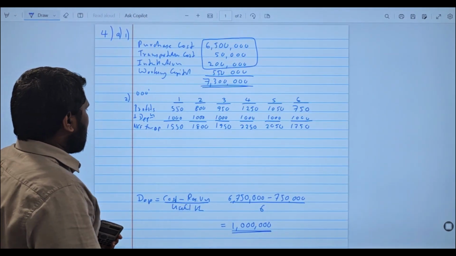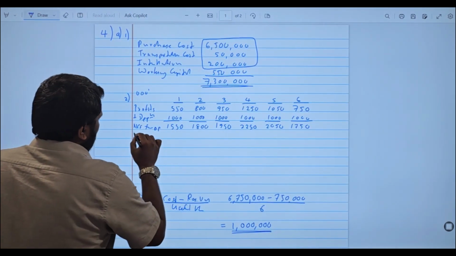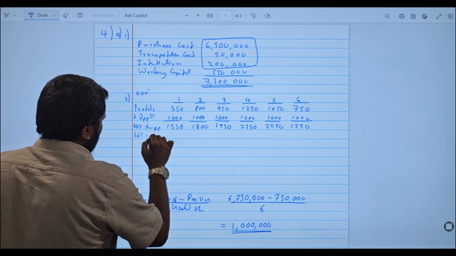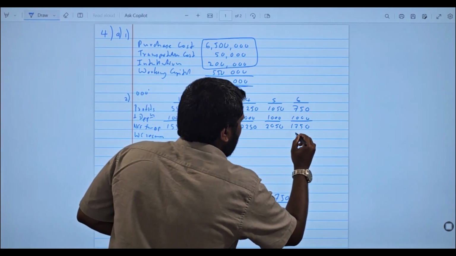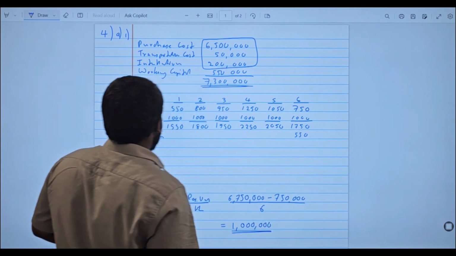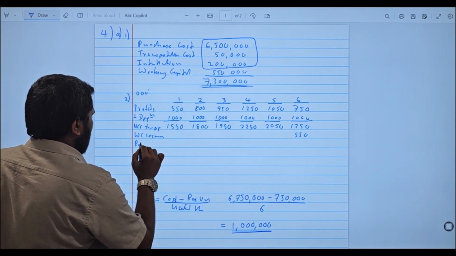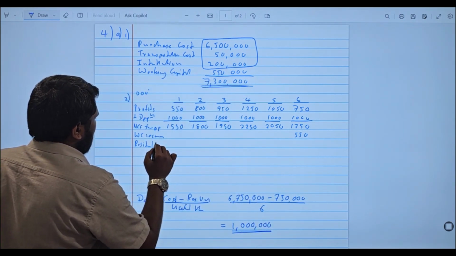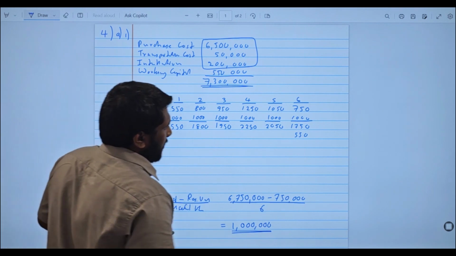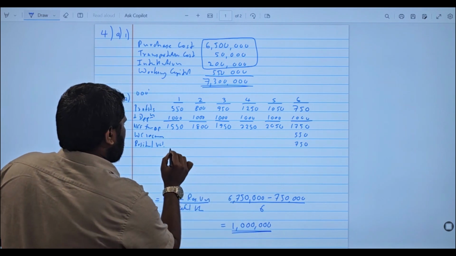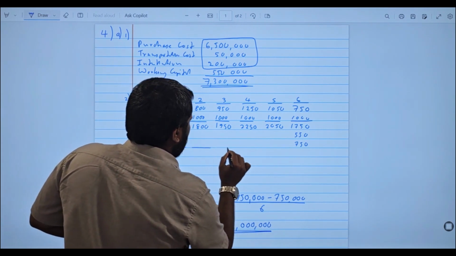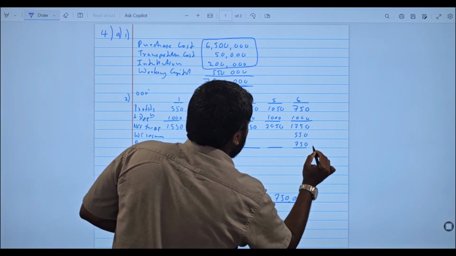Let's write it there: working capital recovery 550,000, and the residual value 750,000.